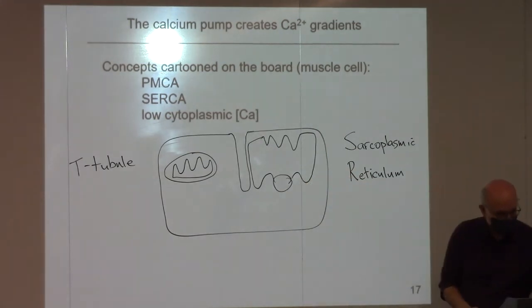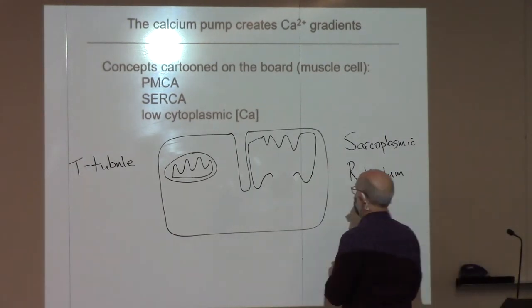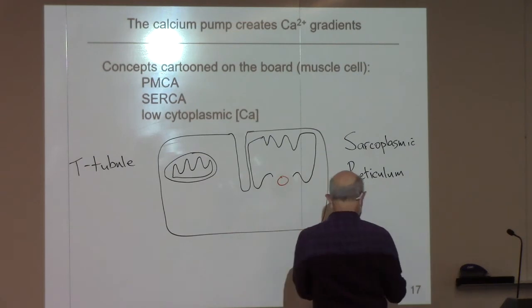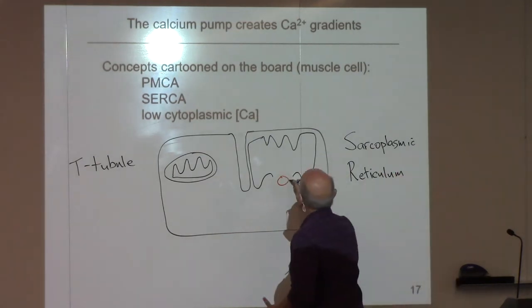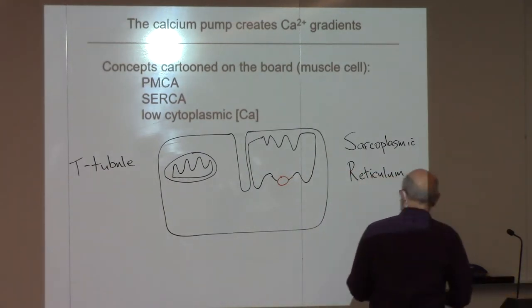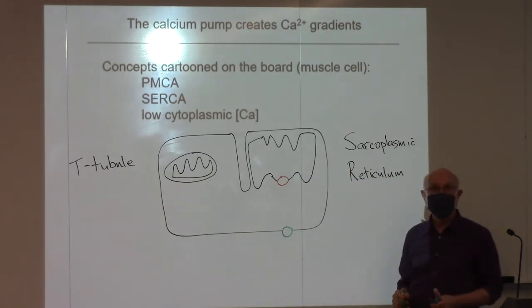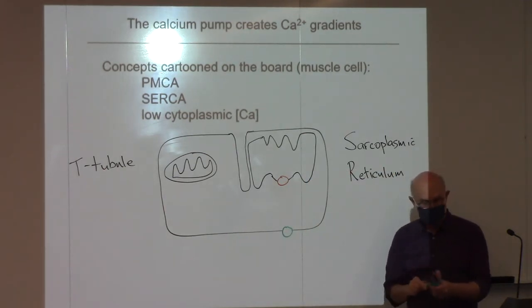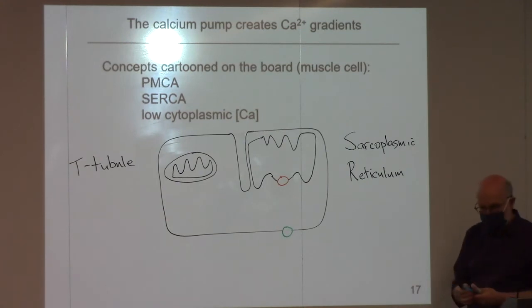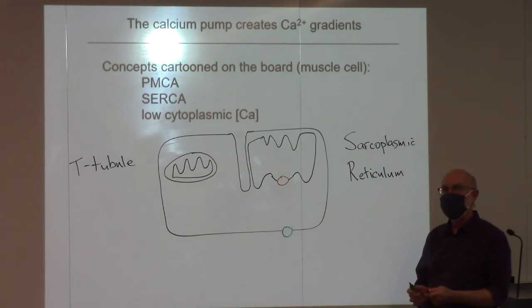Let me use a different color. Here is a protein in the membrane of the sarcoplasmic reticulum, and here is a similar protein in the surface membrane. Use your cell phys as I start to cartoon these proteins. Shout out their names.